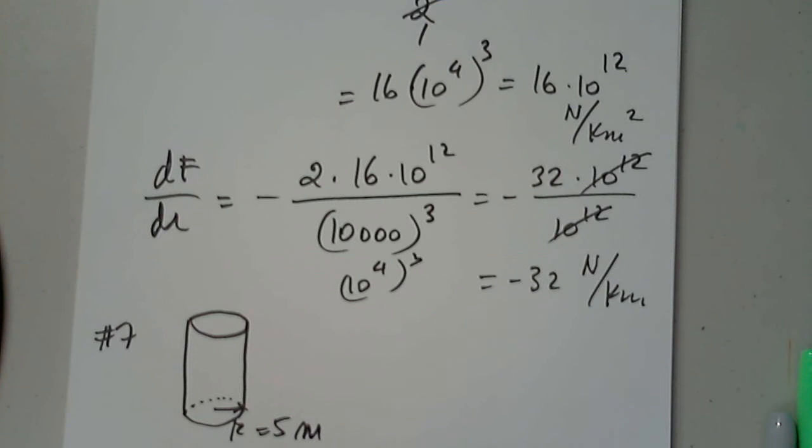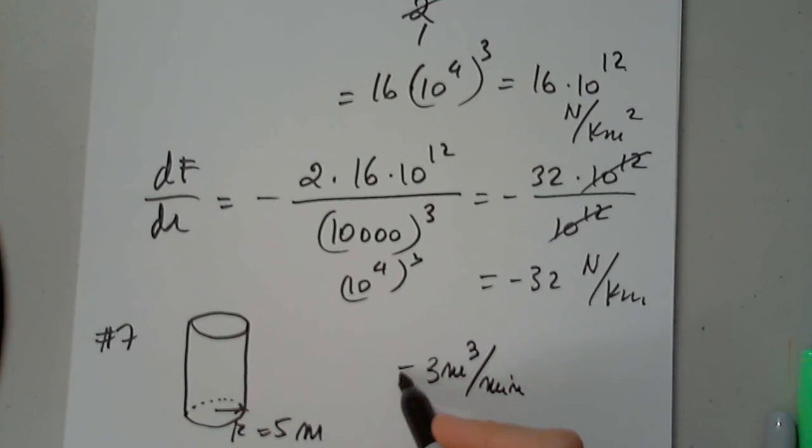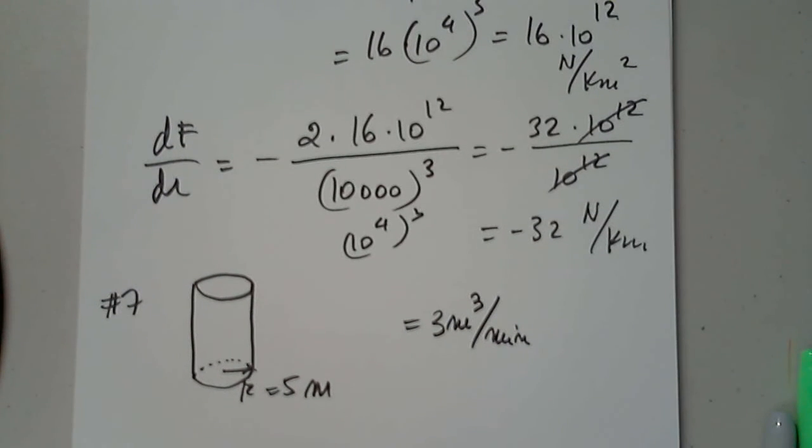Is being filled with water at a rate of 3 cubic meters per minute. I cannot move on before I identify what this is, because if I don't know what this is, I will not be able to write anything.